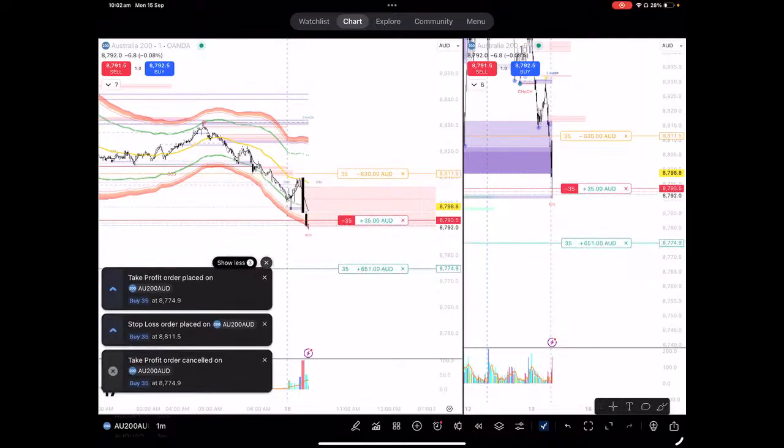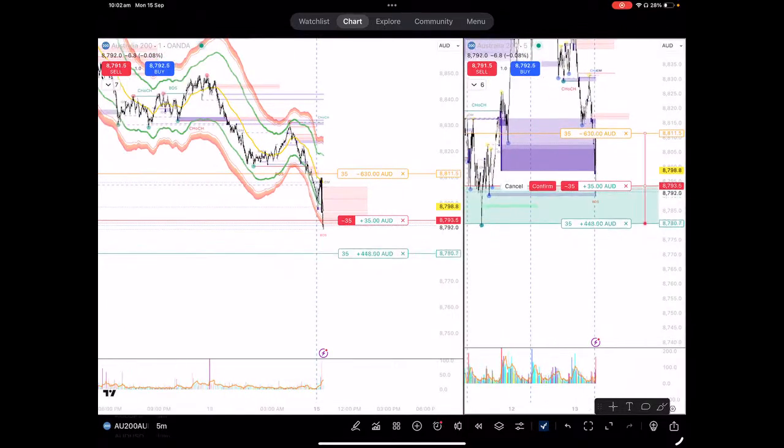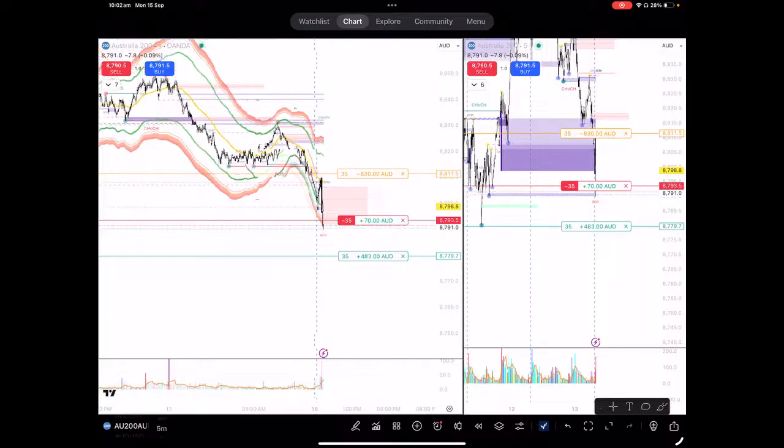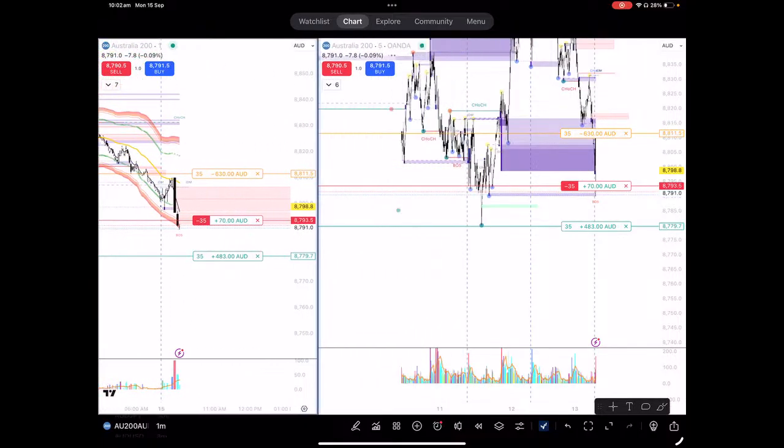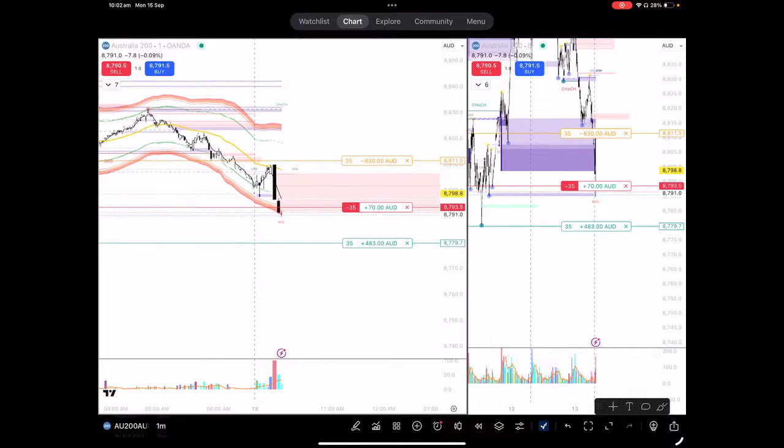Confirm. That is where my trade would go up to, because that is where the next level of liquidity is sitting for me. In probably a few minutes of trade.